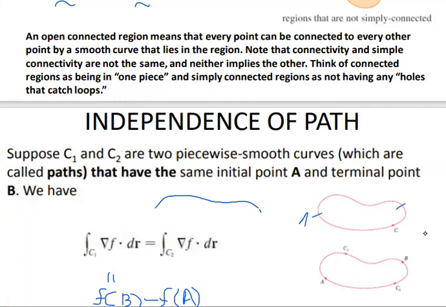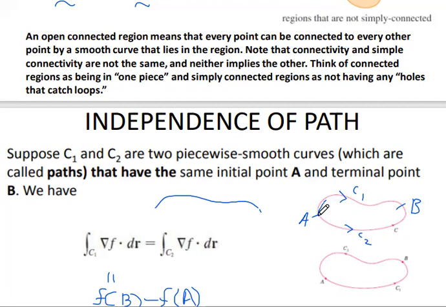This is A, B. I will mark two points on this path, and move an object from A to B. I will label this path C1 and this path C2, right?